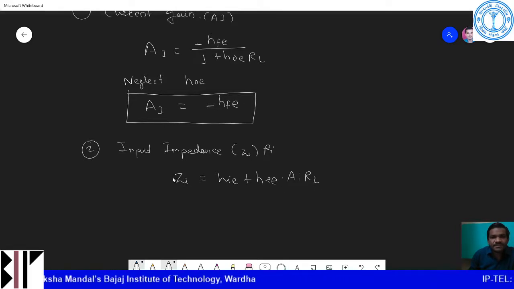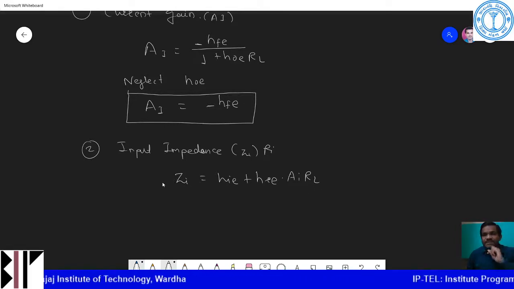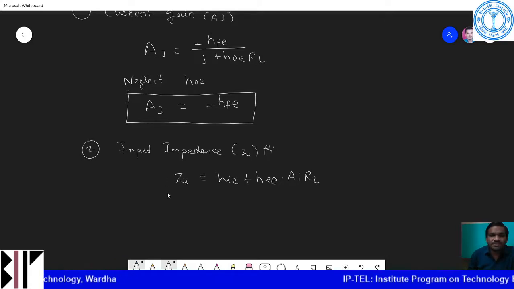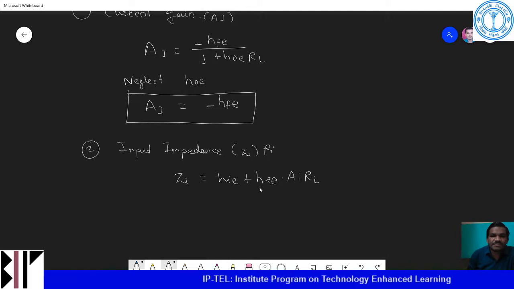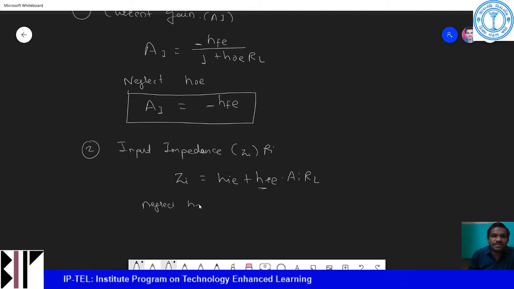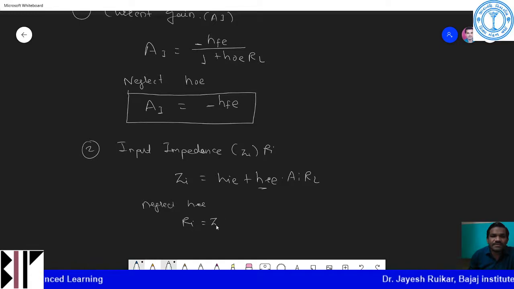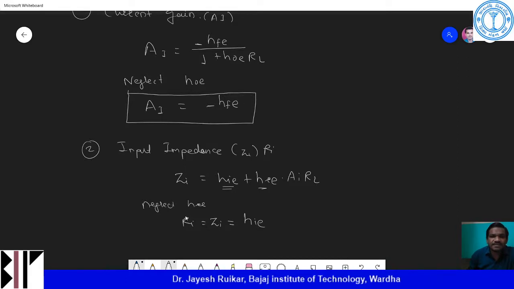This is your input impedance RI, or ZI. Here, if we neglect this term HRE, then we have RI, or ZI, equal to only this term, that is your HIE.